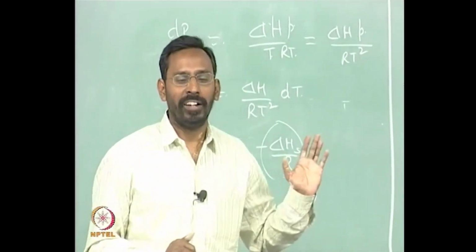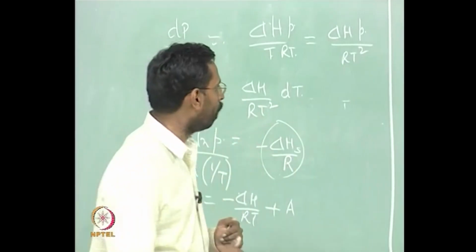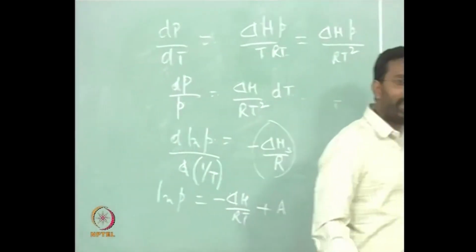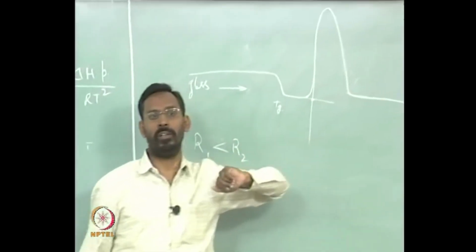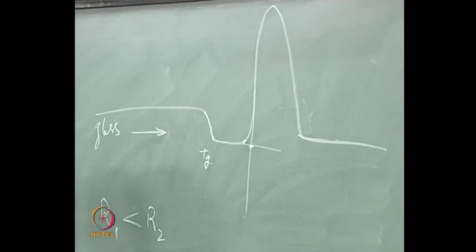So the shift is not as much. But here it is again a solid to solid transformation. A glass crystallizing is not exactly like a liquid freezing. So you would see a significant shift to a higher temperature if the heating rate is higher.